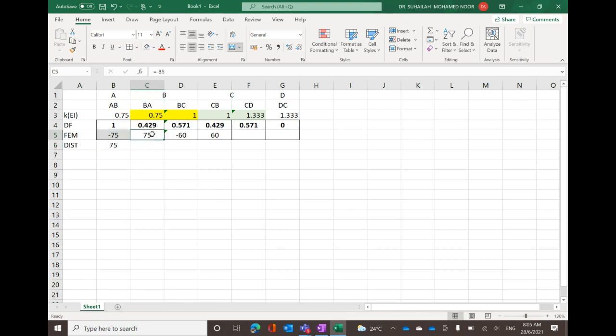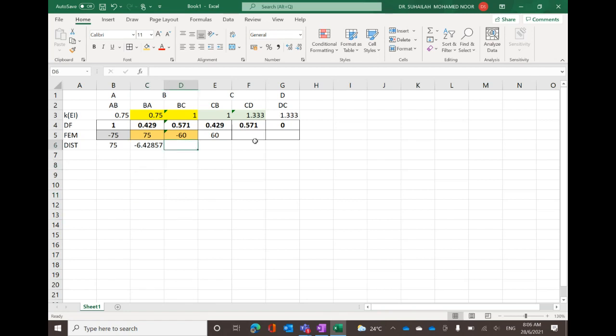Joint B, the total moment for joint B is negative 75 and 60. We put negative, representing the opposite condition, so we plus these two values and times with the distribution factor 0.429. I put the dollar sign in order to lock the position.